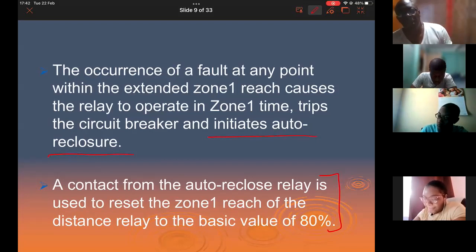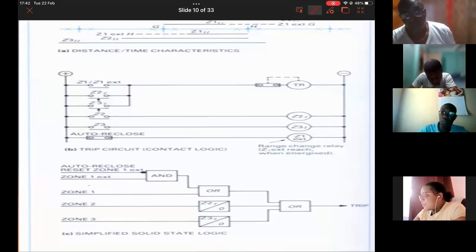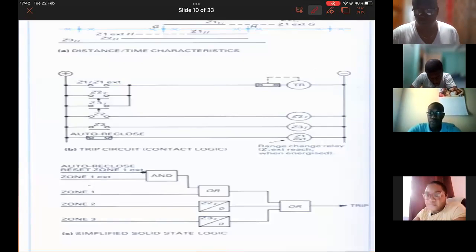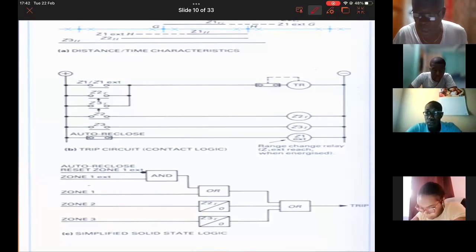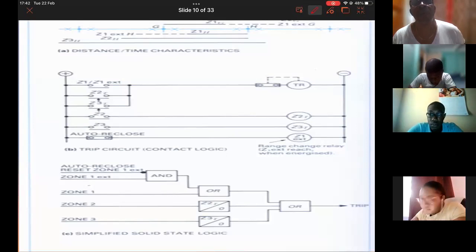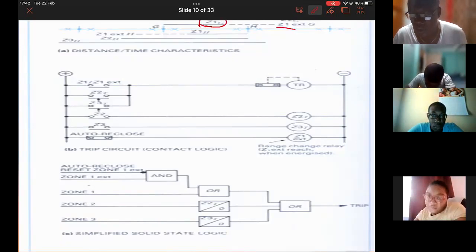So in terms of the contact diagram, it should be clear on the figures that you have there. Up top you have here the Zone 1 G, and then you have the Zone 1 extension G. You see the dotted lines from here to here.